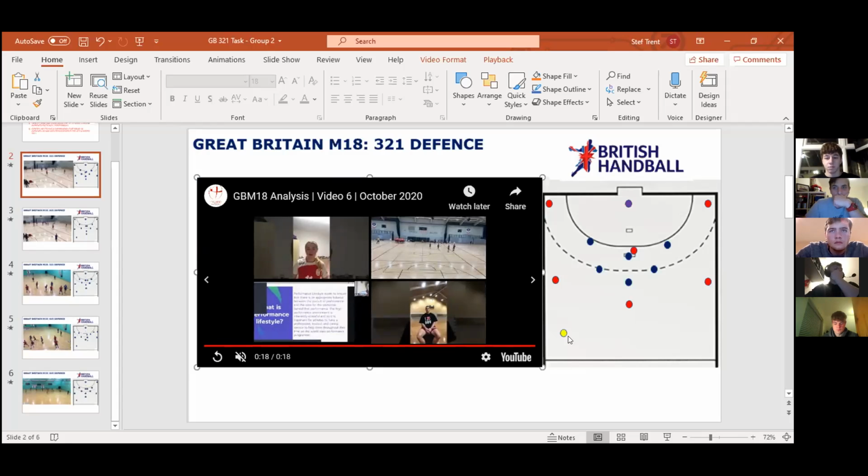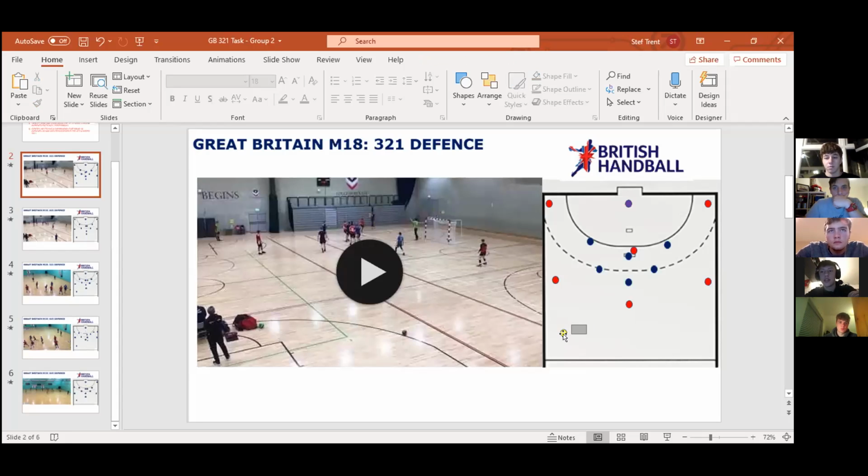Okay, so in this video, the ball is on the right-hand side of the defence, and Louis, I believe it is, comes inside, and there is little to no contact on him when there should be, and there should also be a 1v1 on the number 2.